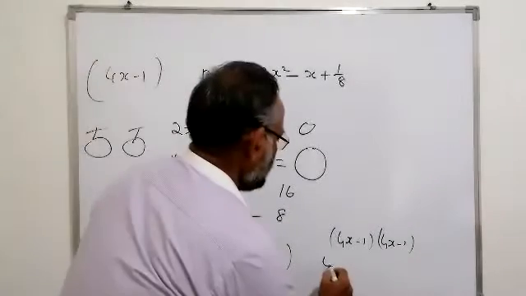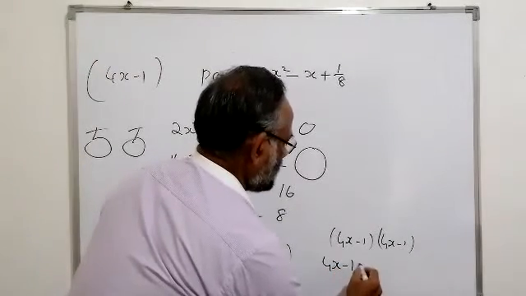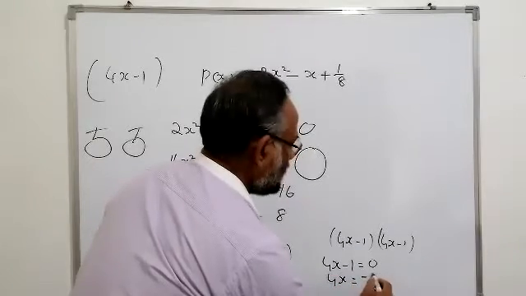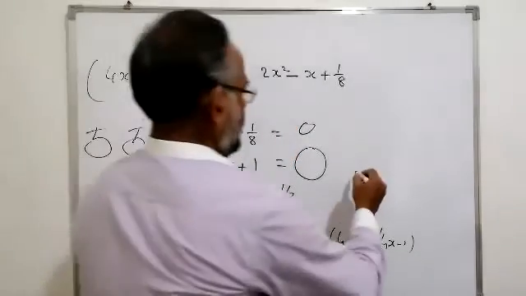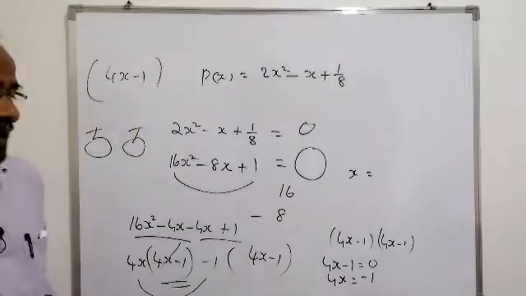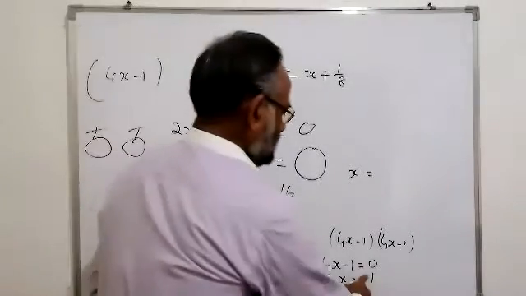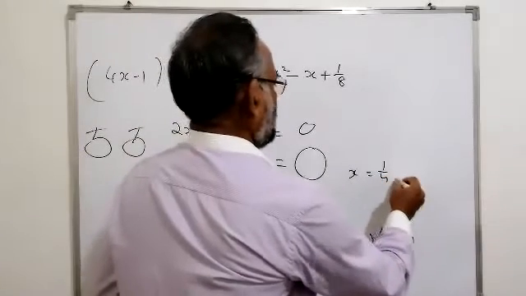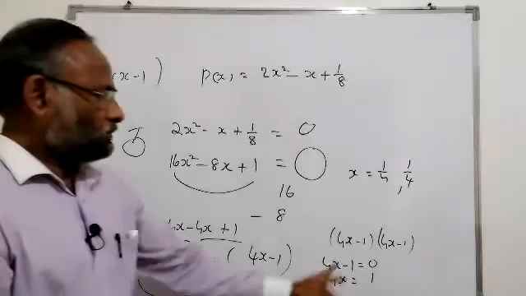That means very clearly we can say 4x minus 1 is equal to 0. 4x is equal to 1. So x is equal to 1 by 4. And repeating, x is equal to 1 by 4. Yes, x is equal to 1 by 4.